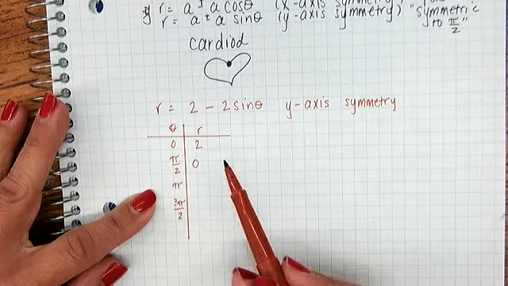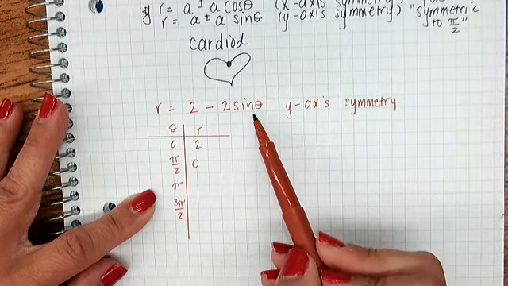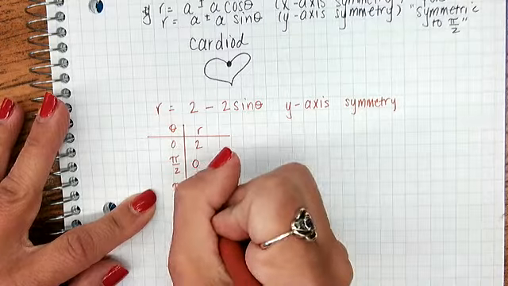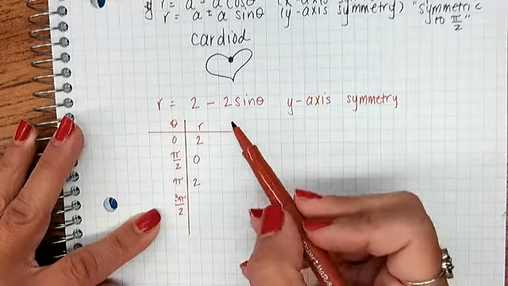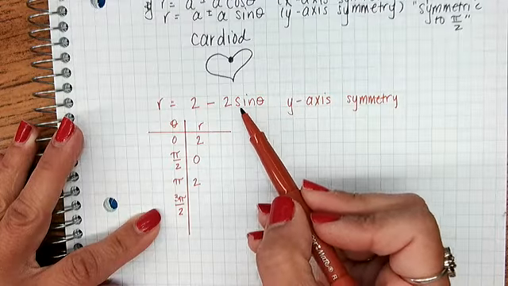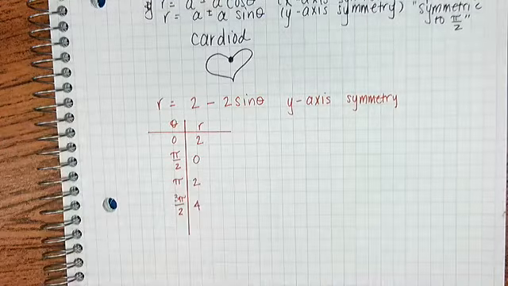Well, I'm going to, but I'll show you why in a minute it's not necessary. The sine of pi is 0, 2 times 0 is 0, 2 minus 0 is 2. And 3 pi over 2: the sine of 3 pi over 2 is negative 1, 2 times negative 1 is negative 2, 2 minus negative 2 is 4.